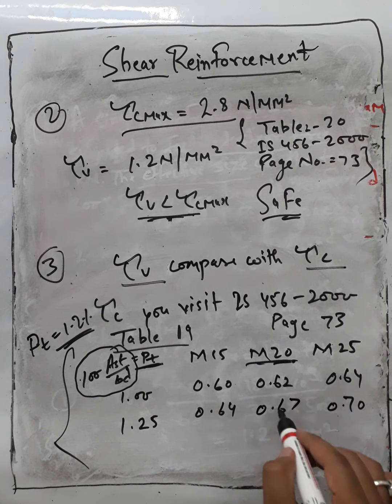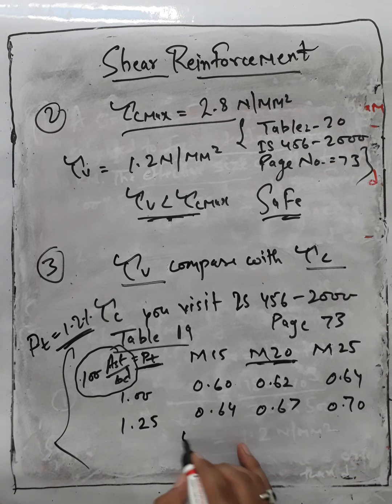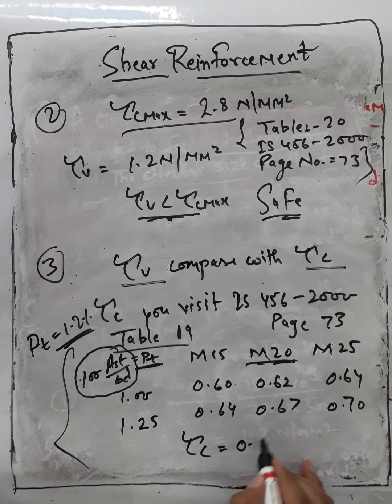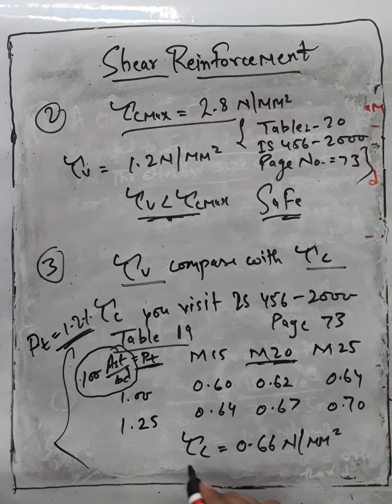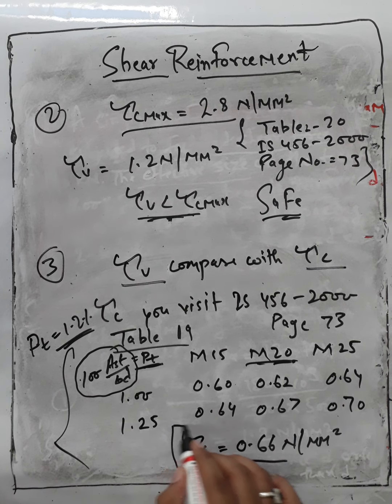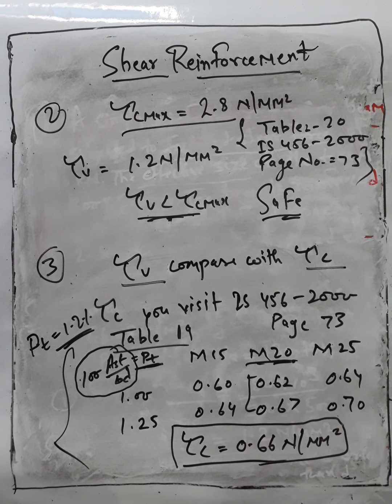After interpolating these two values, you get tau c equal to 0.66 Newton per mm square. Okay, this is the value of tau c.